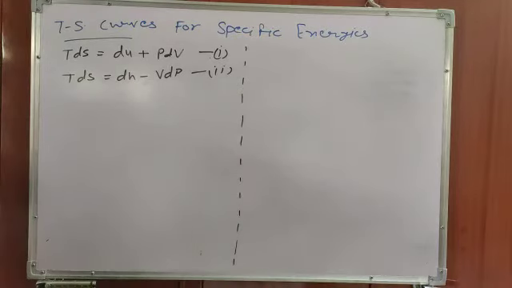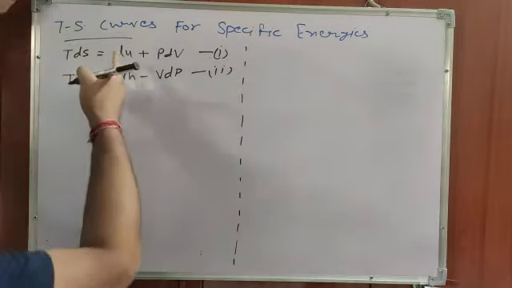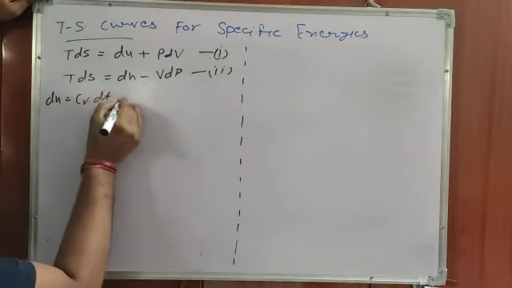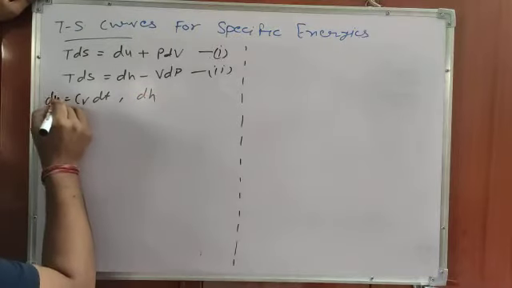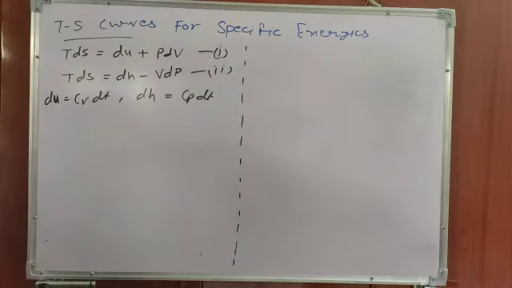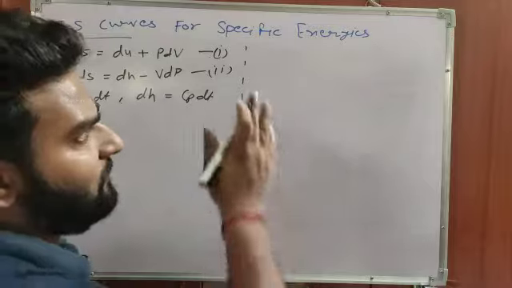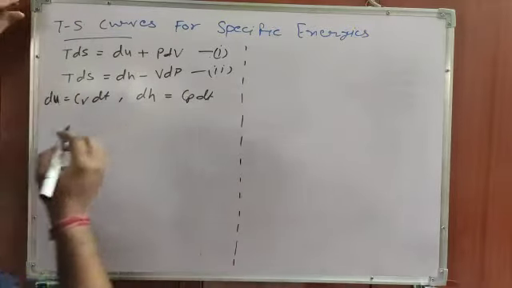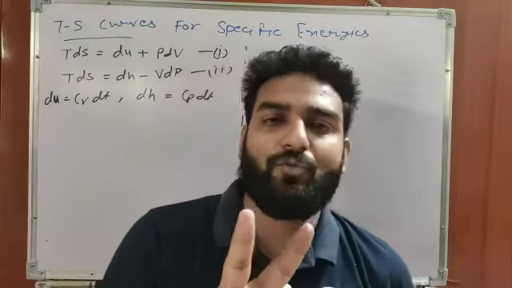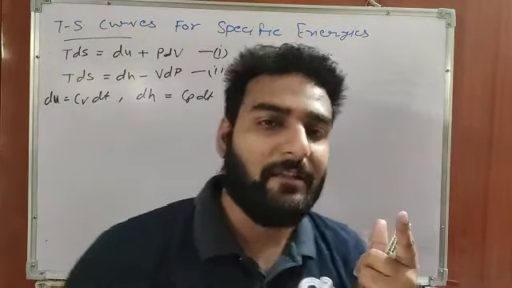Now you know dU is equal to Cv dT and dH is equal to Cp dT. We already saw this in the previous lectures. If you want to calculate the relationship for specific heats, you have to start from constant pressure or constant volume, because we have two types of specific heat, Cp and Cv.